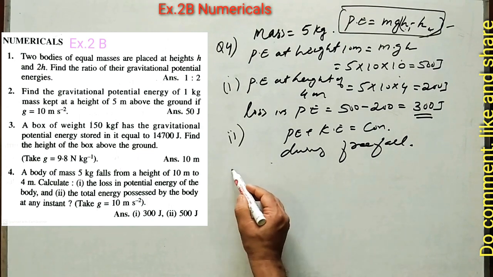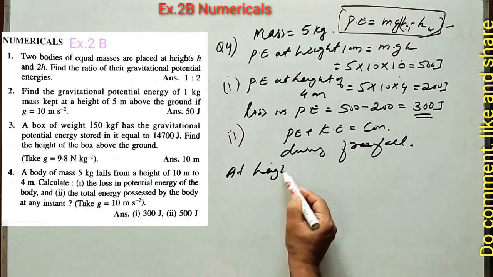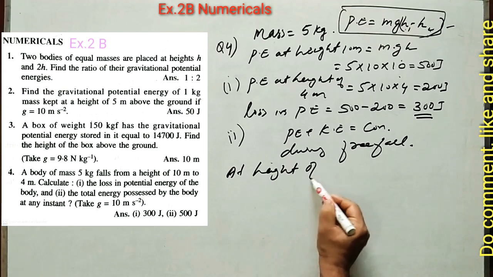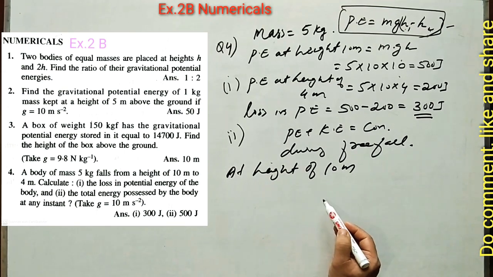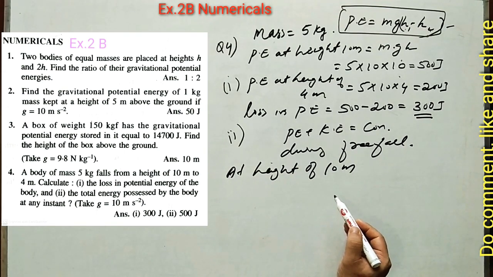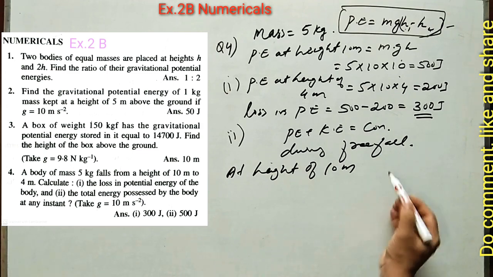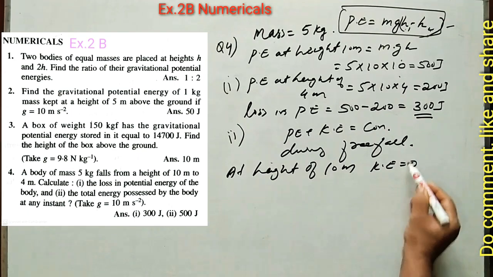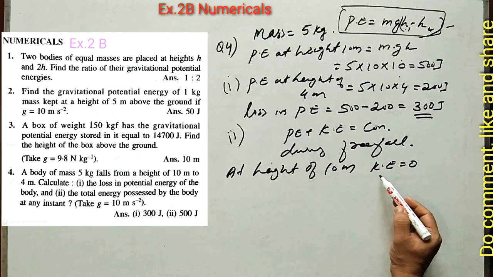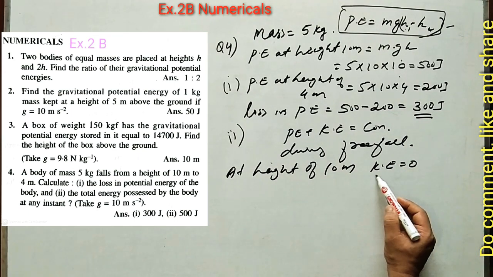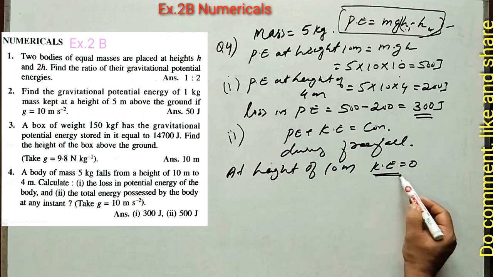So at a height of 10 meter, that is at the topmost point, the kinetic energy will be 0. So at the topmost point, the body is resting, right? The body has no velocity, so the kinetic energy will be 0.